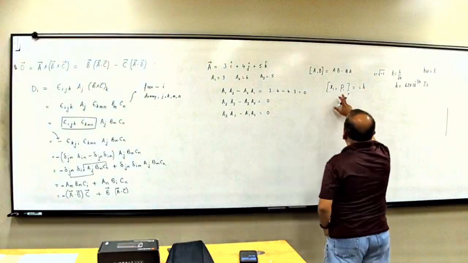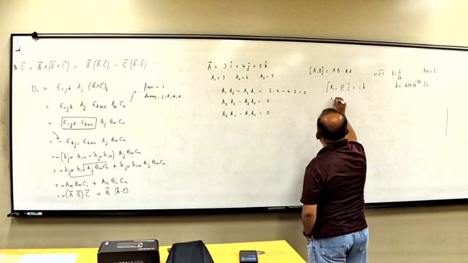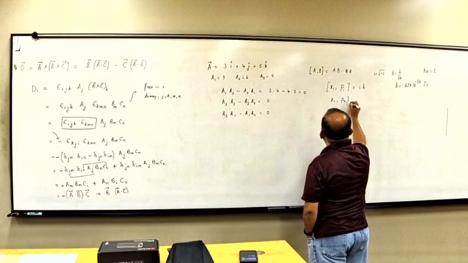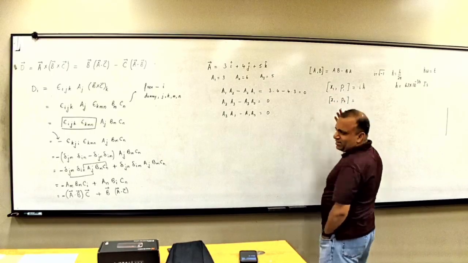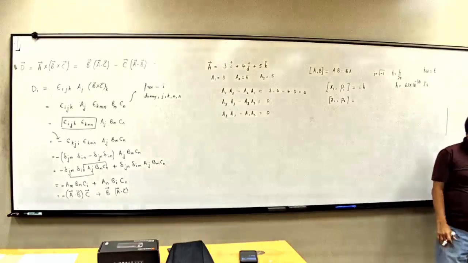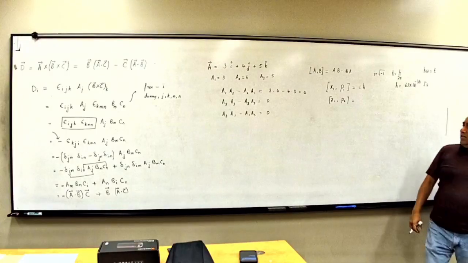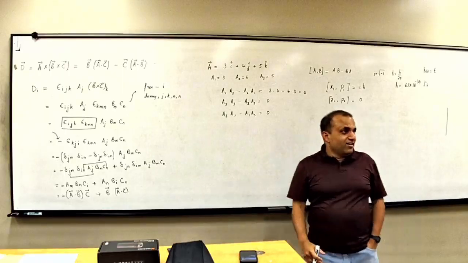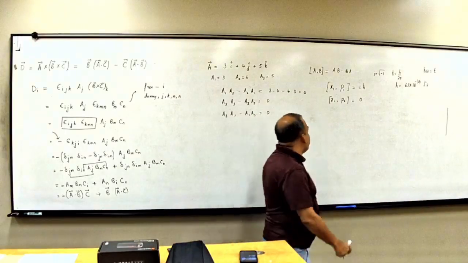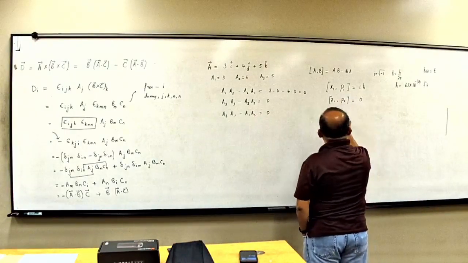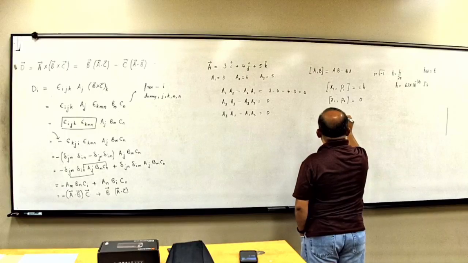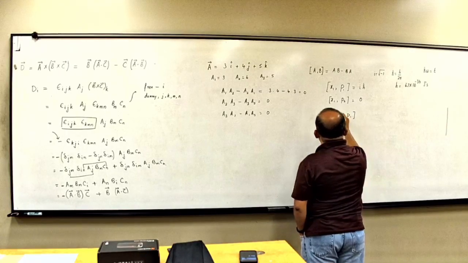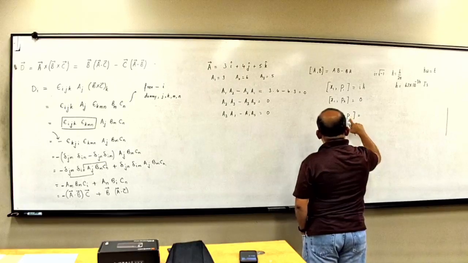So [x1, p1] is equal to i h bar. What about [x1, p2]? It is i h bar delta 1,2, and delta 1,2 is 0, right? So it's 0. In general, if I were to say [xi, pj], how much is that equal to?